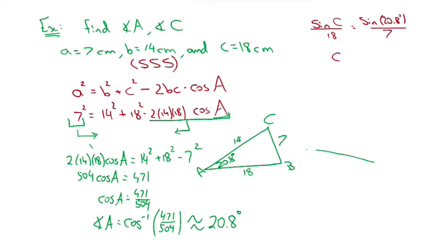So C is going to be equal to sine inverse of 18 sine of 20.8 divided by 7.